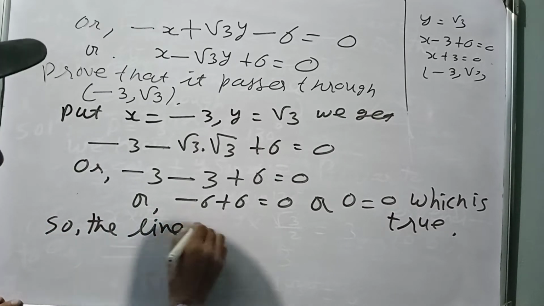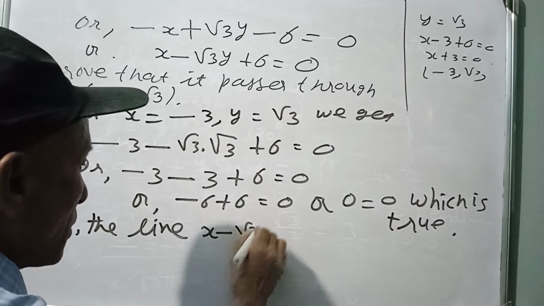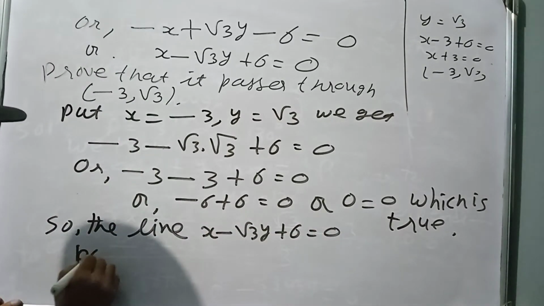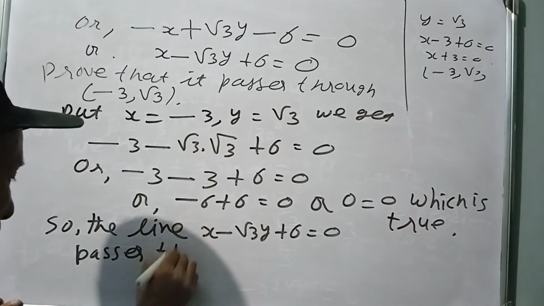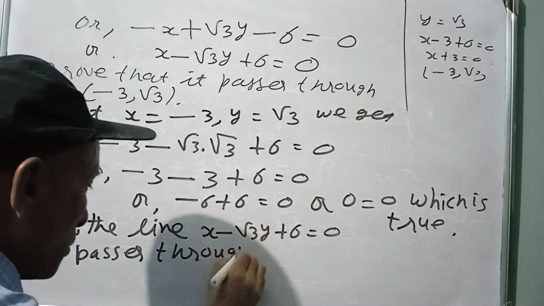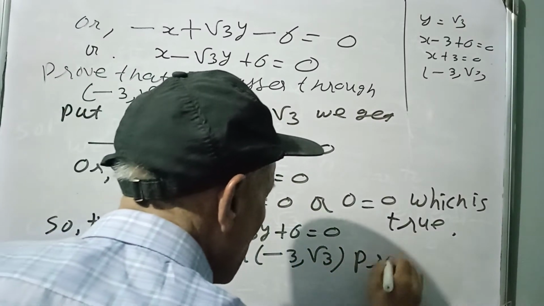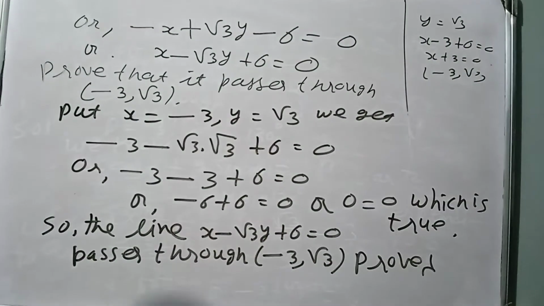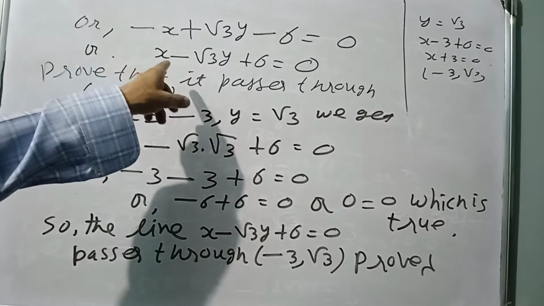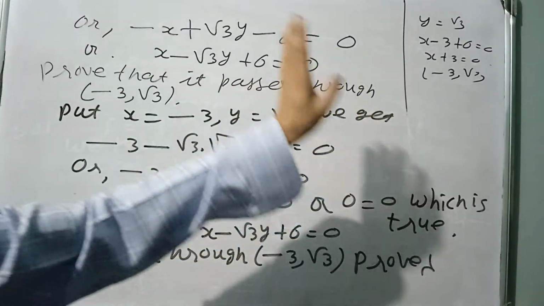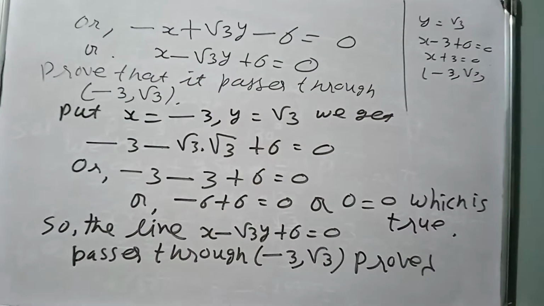So the line x minus √3 y plus 6 equals 0 passes through -3, √3, proved. If the question is to find the equation of the line, then x minus √3 y plus 6 equals 0 is the answer.